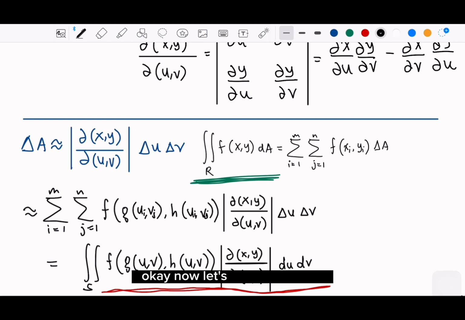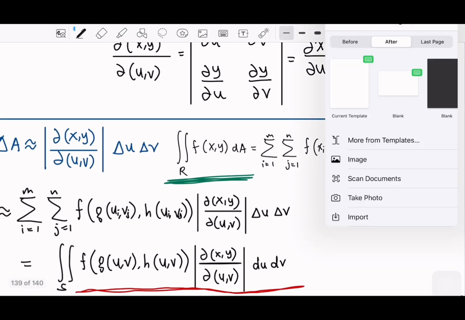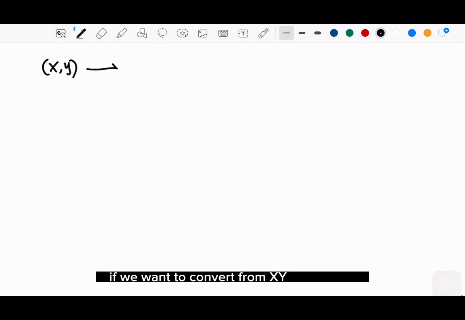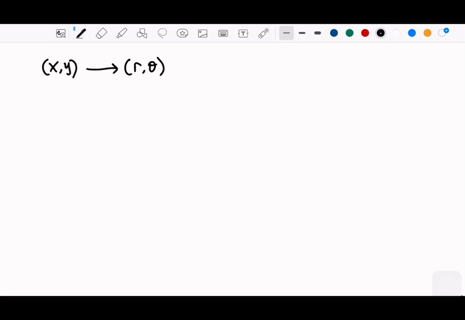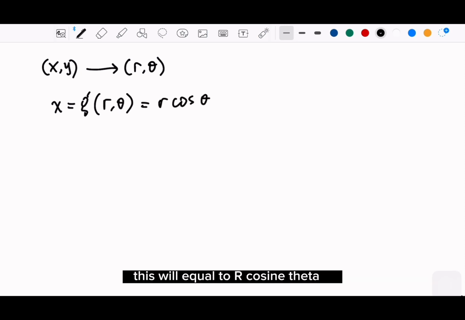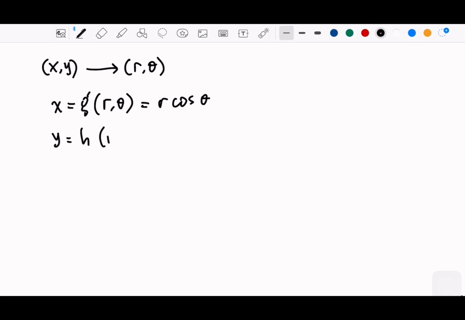Okay, now let's review on polar. If we want to convert from xy to r theta, we get the idea that x, or now I'll write completely with the function, equals r cosine theta, y is r sine theta.